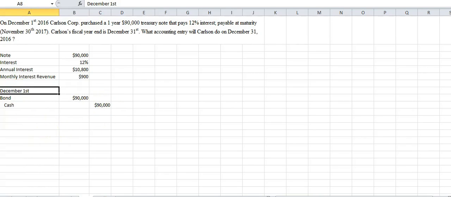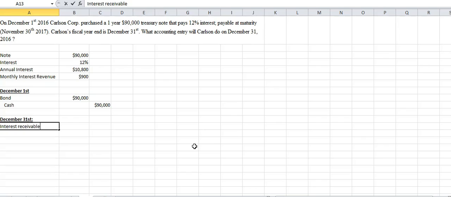Now, this is December 1st. Now on December 31st, I want to let my investor know how much interest I've earned on that bond for this year, right? Did I receive the cash for this bond? No, I'm going to receive the cash on November 30th, but I still have to recognize the revenue for 1 month. I've already calculated that. It's going to be 900. So what I'll do is I'll book an interest receivable on December 31st, right?